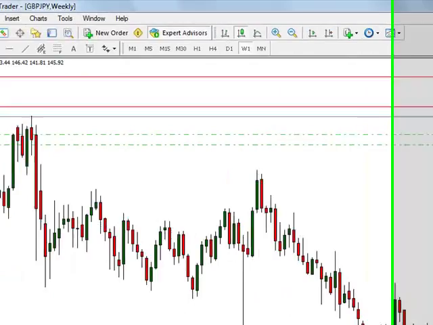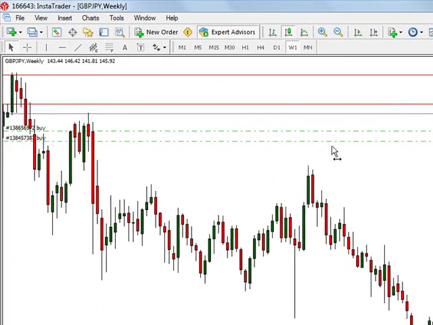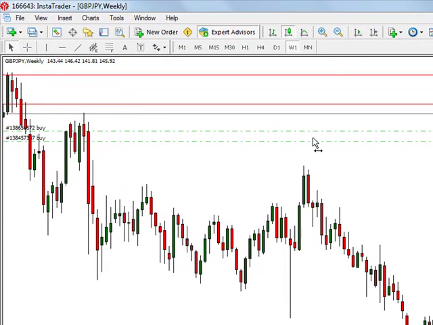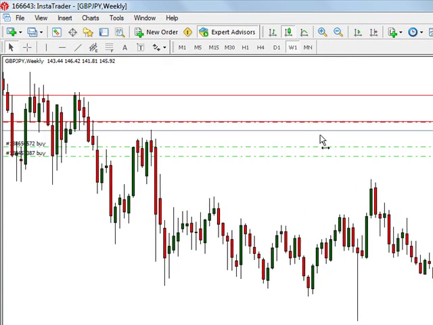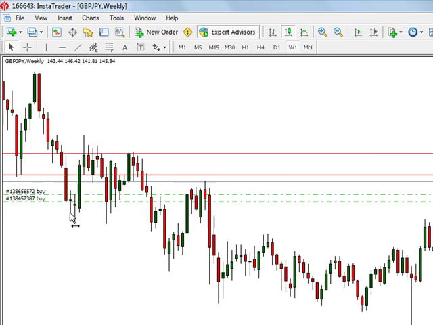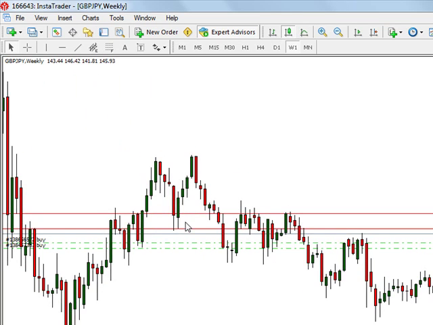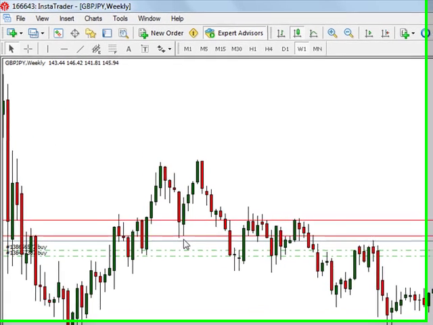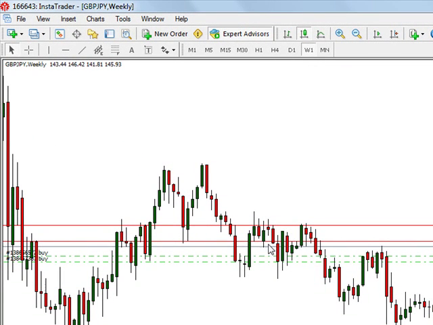Now see here, the 147.00 area, that's where we have certain resistances and support regions. You can see them here: 147.00, a lot of price action interaction, a lot of price action behavior around this area.